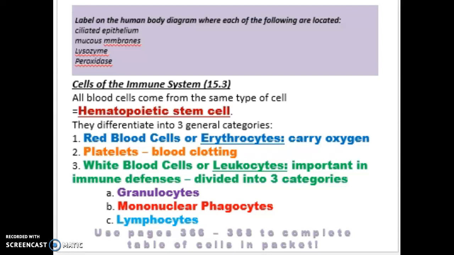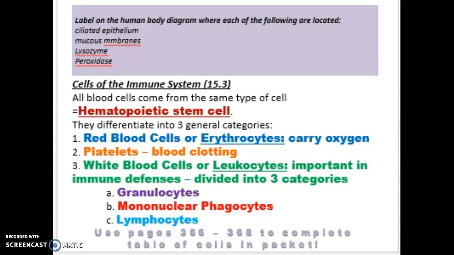Leukocytes are important in your immune defenses, and they divide up into 3 additional categories. So granulocytes, mononuclear phagocytes, and lymphocytes. Now, I don't believe that my numbers there are correct in terms of the page number. I forgot to change that before I did this video.